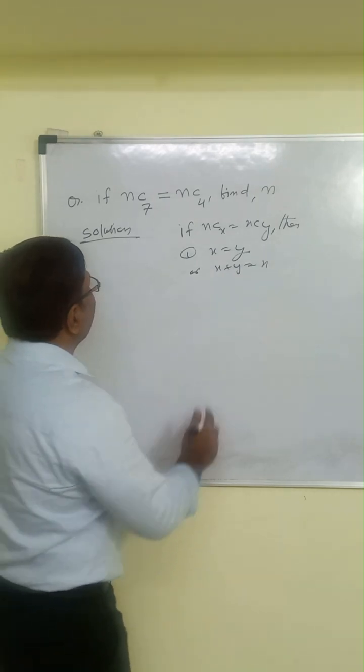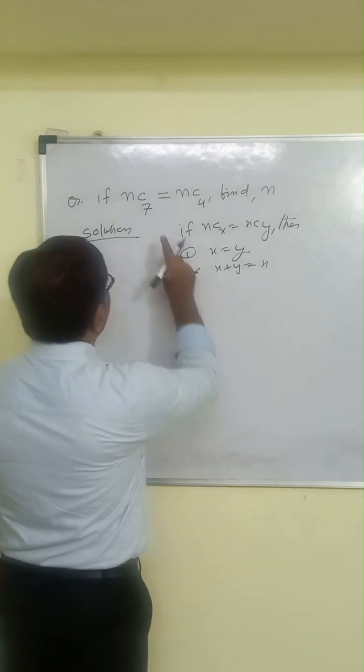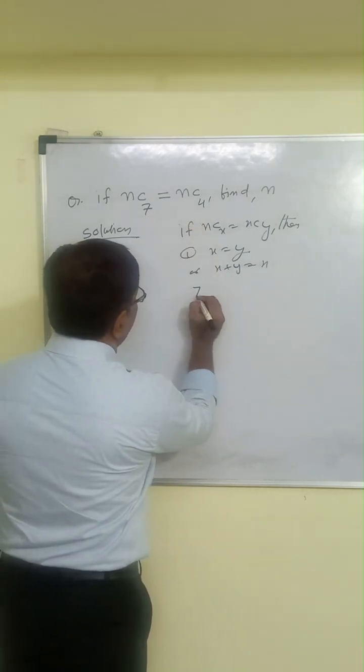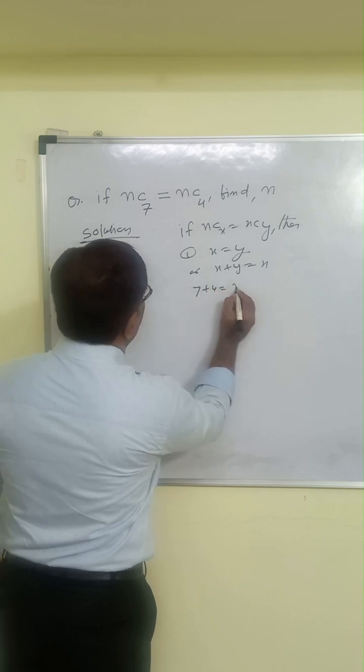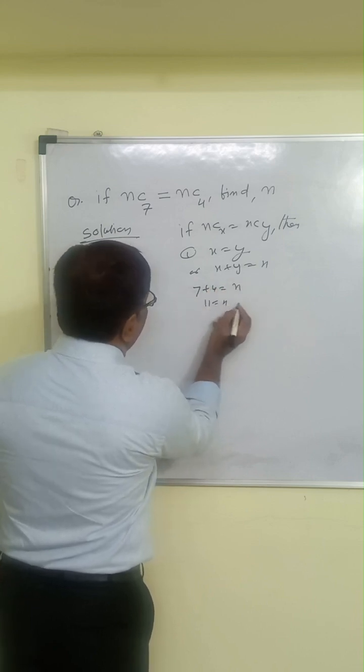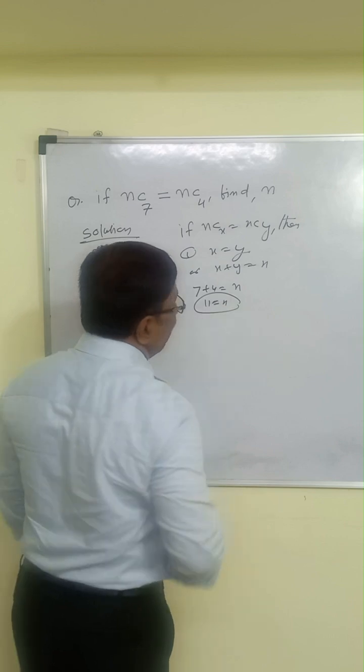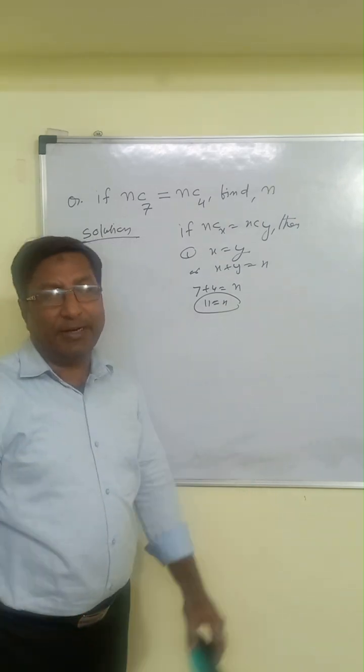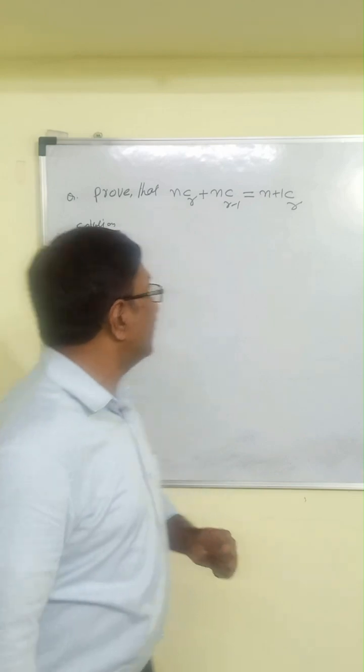That means the simple concept is x plus y: 7 plus 4 equals n. So 11 equals n. Our correct answer is n equal to 11.